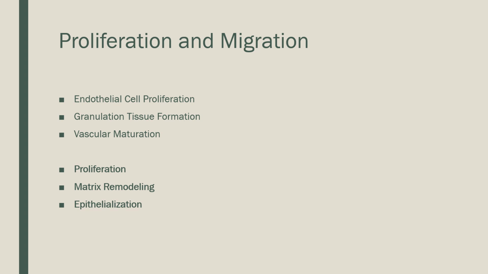This process is known as neovascularization or angiogenesis. The newly formed blood vessels and connective tissue matrix create a rich vascularized tissue visible in healing wounds, often referred to as granulation tissue.